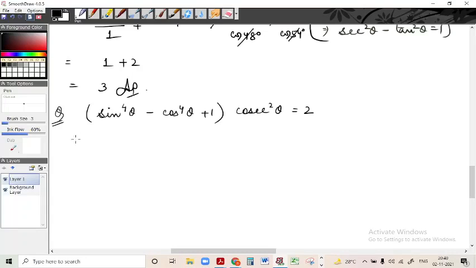This part that I am showing you, I will consider as the LHS part. This we need to prove.